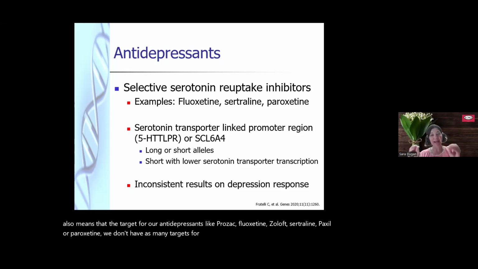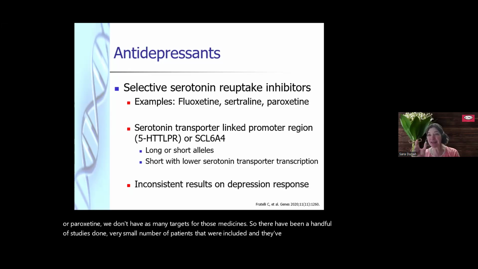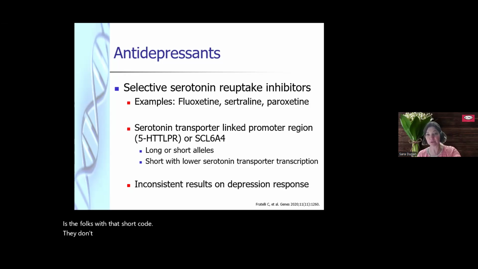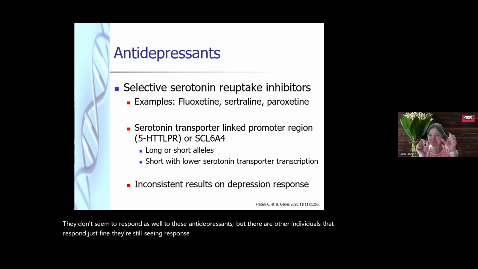So there have been a handful of studies done, very small number of patients that were included, and they've gotten inconsistent results. In some cases, the folks with that short code, they don't seem to respond as well to these antidepressants. But there are other individuals that respond just fine. They're still seeing response to that. So they're looking for, okay, we zoomed in on just this one gene.